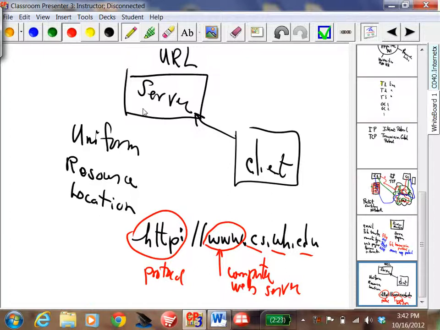So the client then contacts the server, and each different protocol has a port and a port number. Okay? So HTTP has a port number, and Telnet has a port number, and so forth.